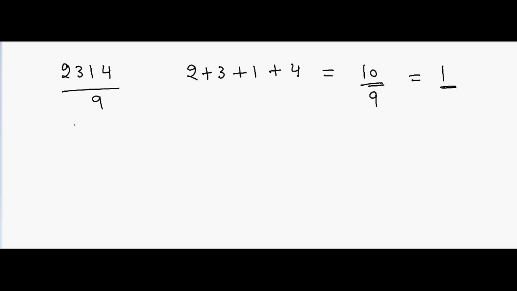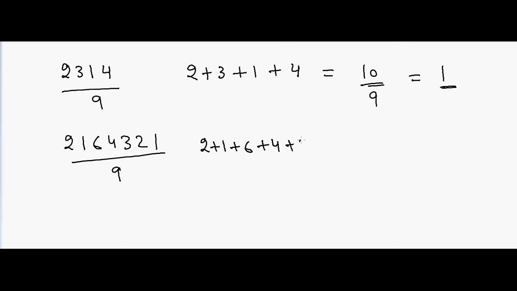Another example is 2164321. You can see it's a very large number, and what will happen if you divide it by 9? In that case, 2 plus 1 plus 6 plus 4 plus 3 plus 2 plus 1.